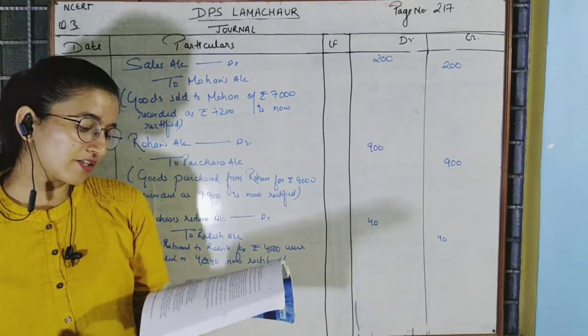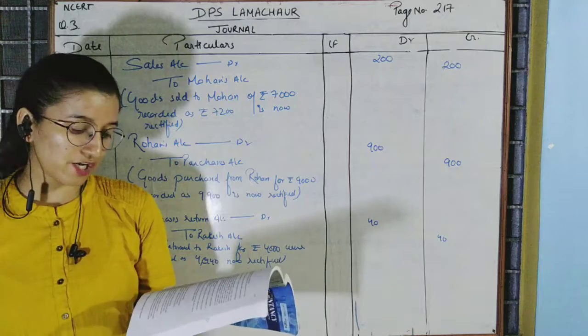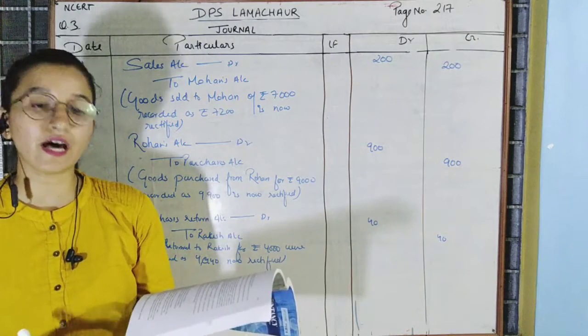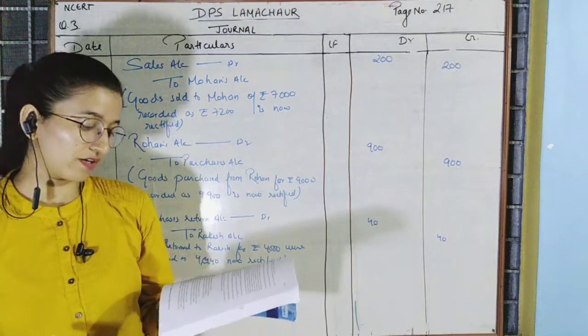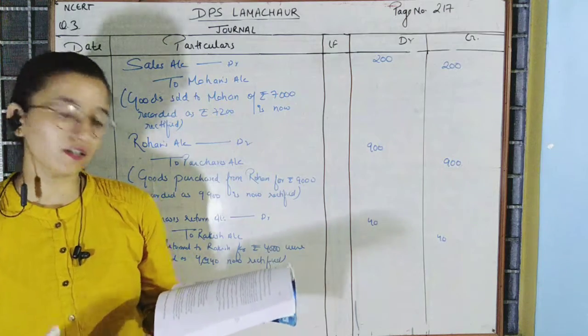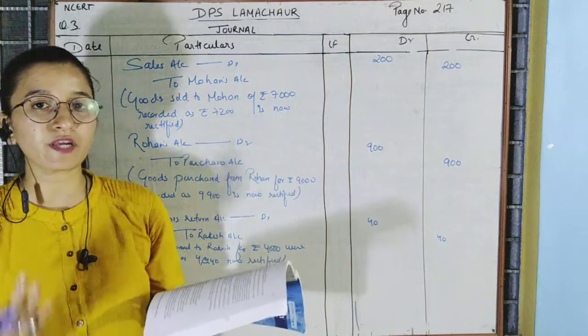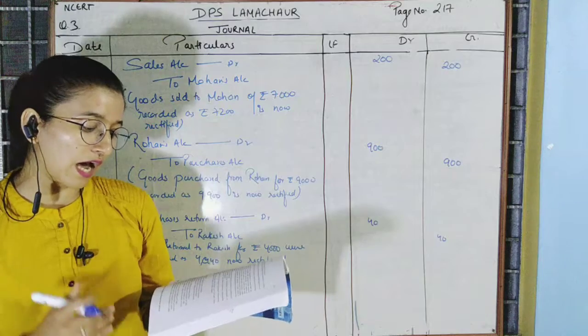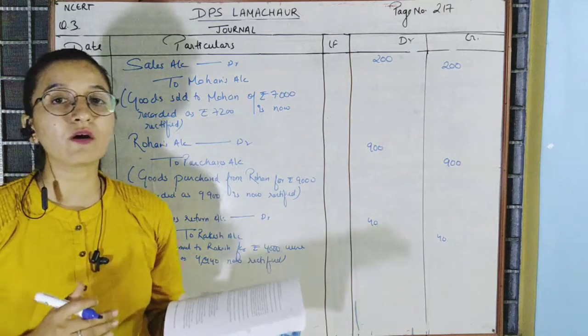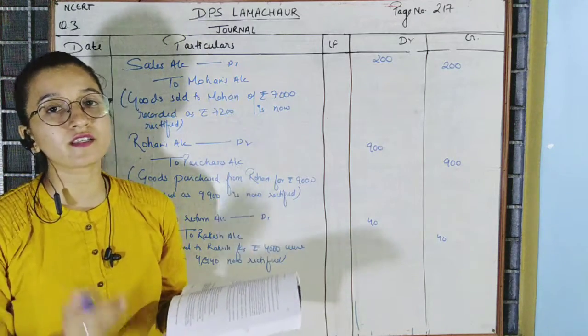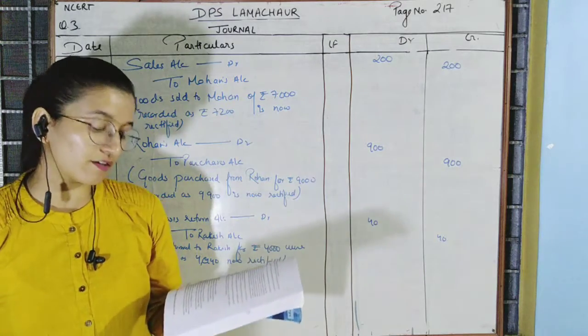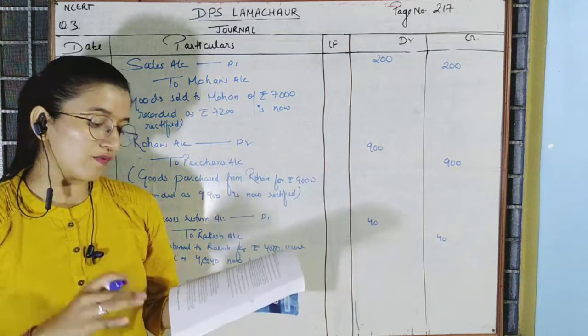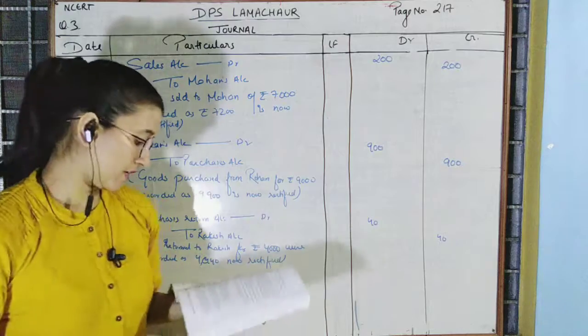The last transaction is goods returned from Mahesh rupees 1,000 were recorded as 1,600. So this is a case of sales return. The goods which we have sold to Mahesh, Mahesh has returned to us and it is recorded with the extra amount of rupees 600. That means there is an error of rupees 600. So to rectify this error, we will write the entry in the opposite direction.